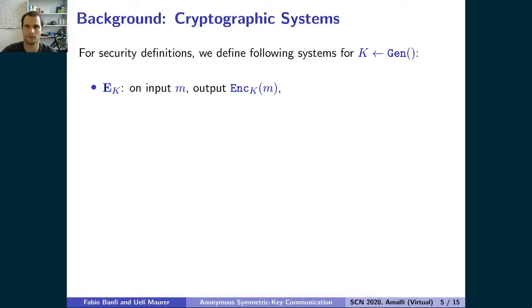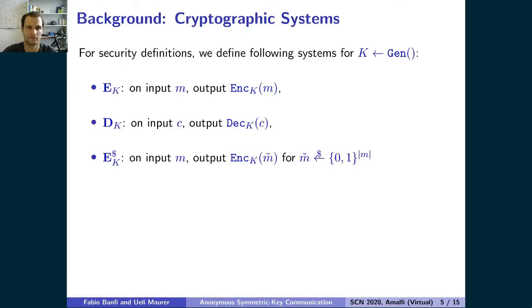Then the system DK on input a ciphertext also outputs according to this key the decryption of such a ciphertext. We also define a system EK$ that on input the message M samples a new uniform message of the same length and returns the encryption of this new message instead.